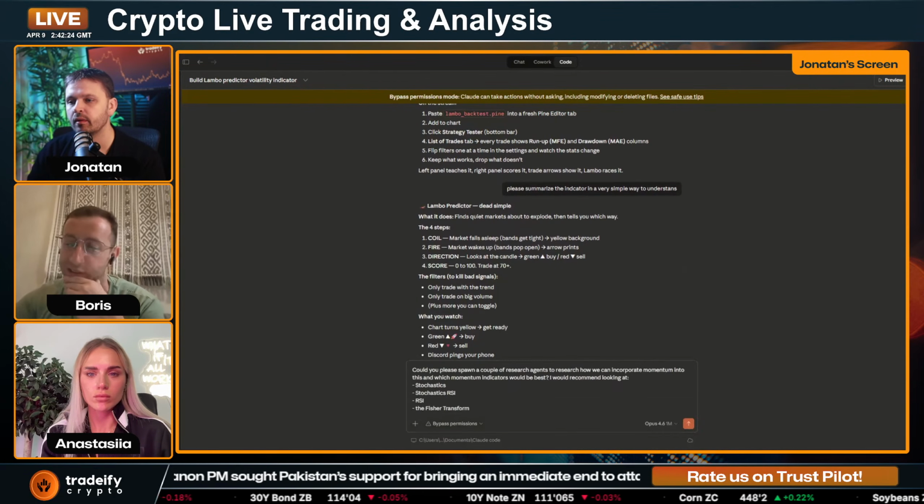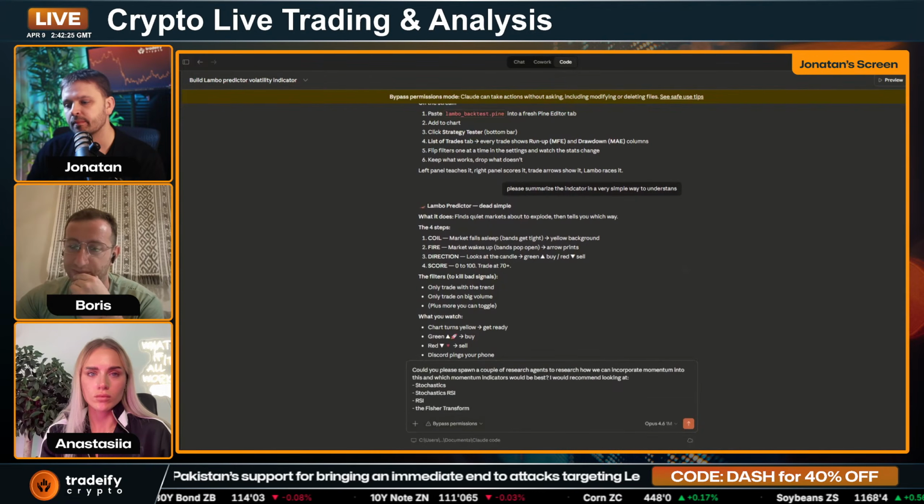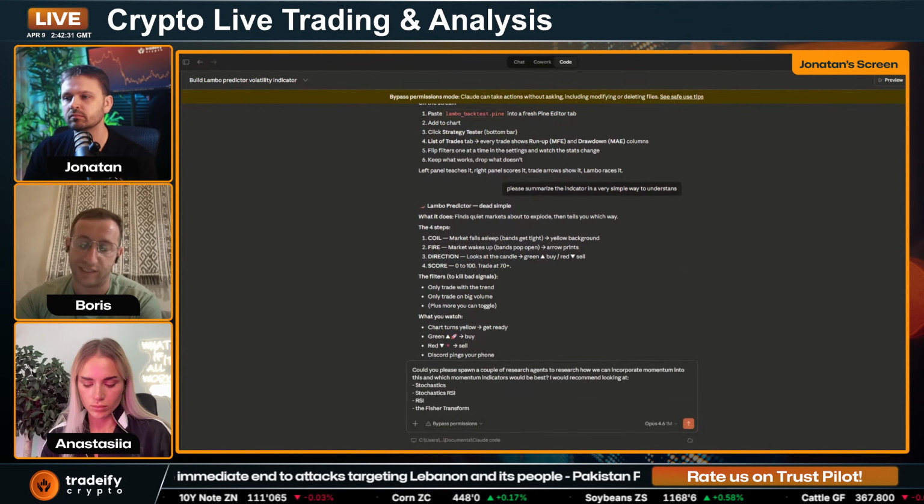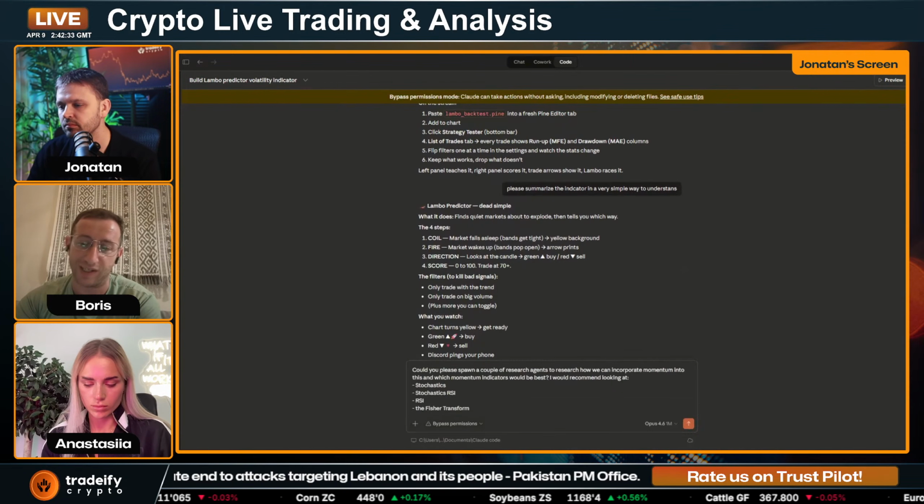So I think it's very easy for bigger players to not manipulate the RSI, but basically perform moves based on what the RSI is showing.